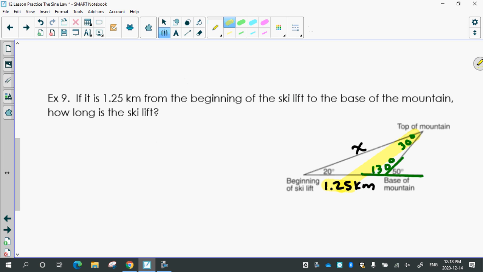And I want to find this side, and its opposite angle is 130. So if I'm finding a side, the side's on the top.